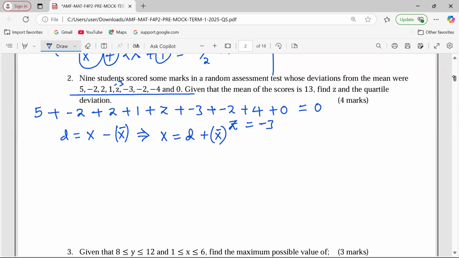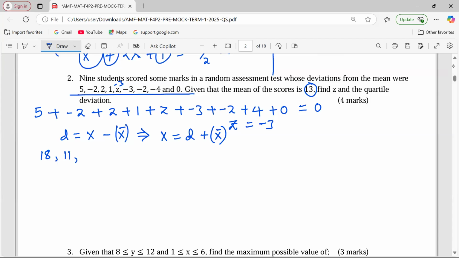So the first student, the mean is 13 and is deviating from the mean by 5. So he's having 18. The next one is going to have 11. Just like that, we are adding a -2, so it will be 11.